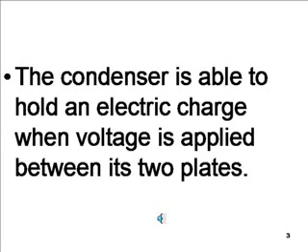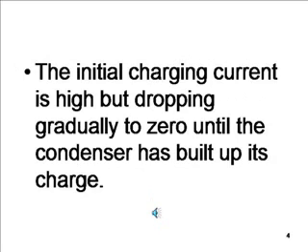The condenser is able to hold an electric charge when voltage is applied between its two plates. The initial charging current is high, but drops gradually to zero until the condenser has built up its charge.